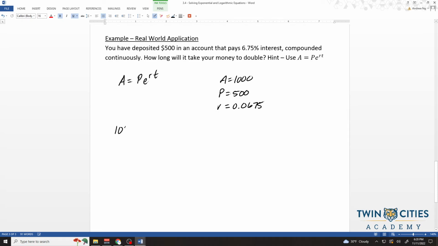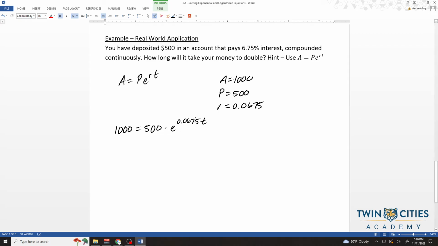1,000 is equal to 500 times e to the 0.0675, and I don't know what t is, so t. Okay, let's solve some things here.